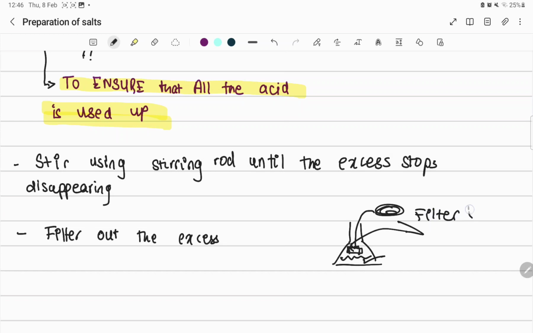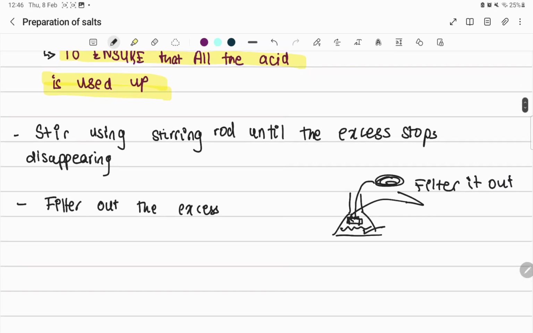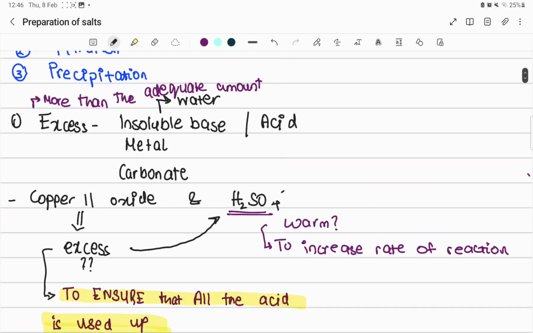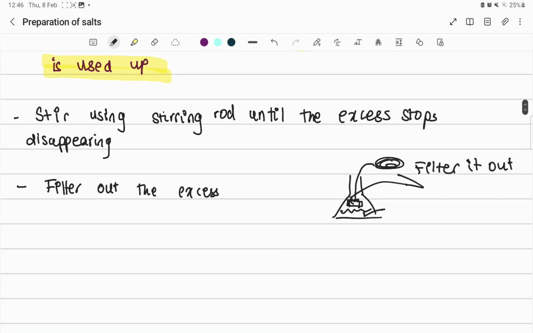That will leave you with a solution of copper sulfate, which is what we are trying to form using copper oxide and sulfuric acid. So now you have this solution, this filtrate, and you will transfer the filtrate to an evaporating dish.